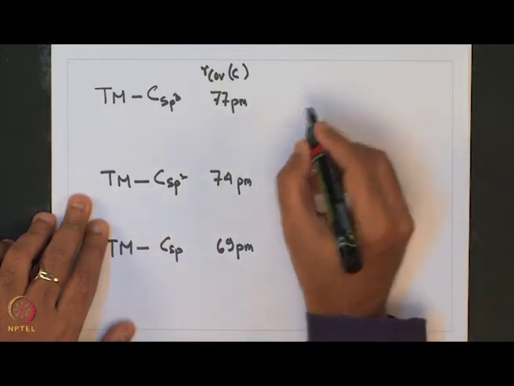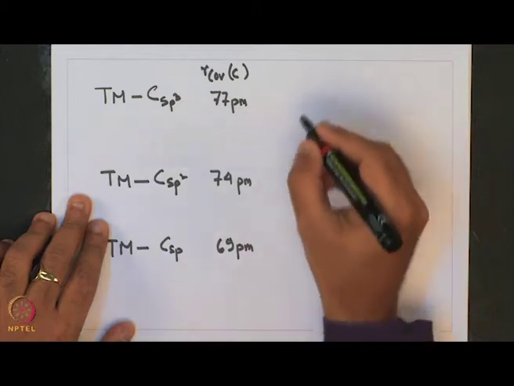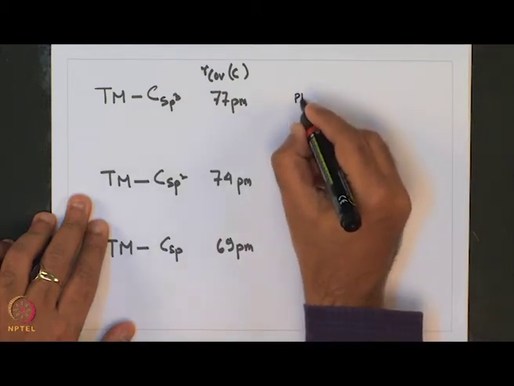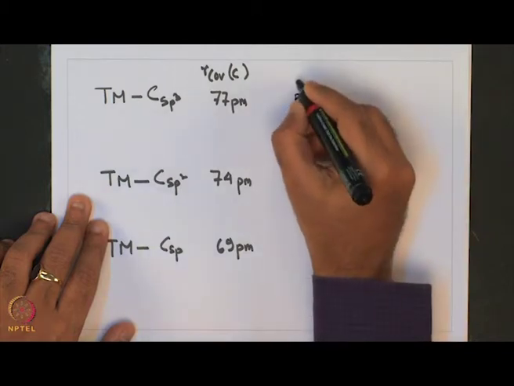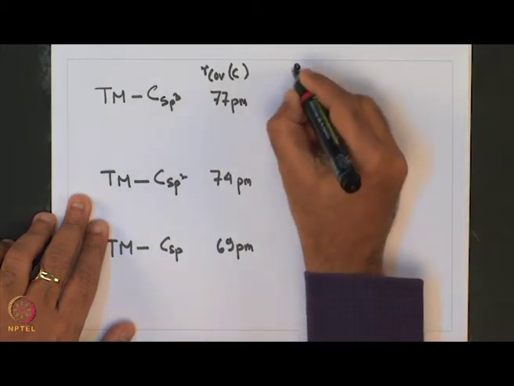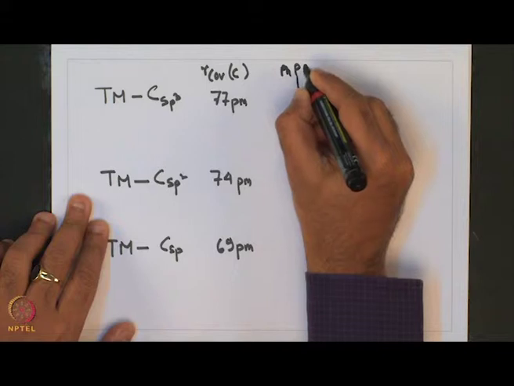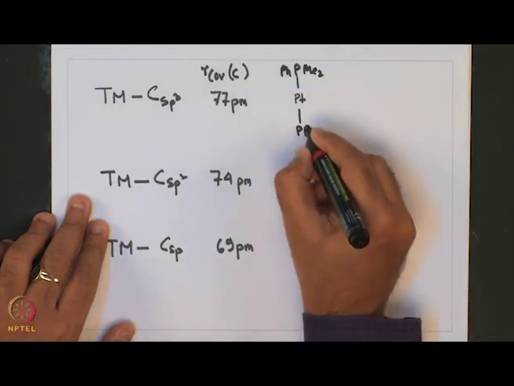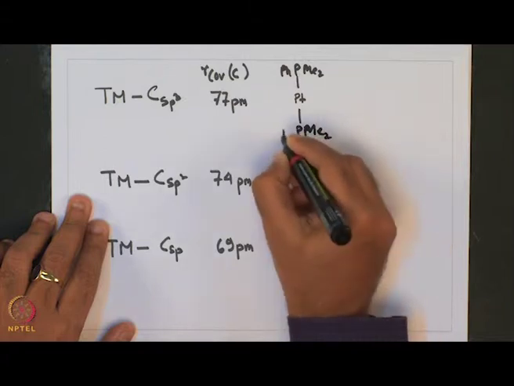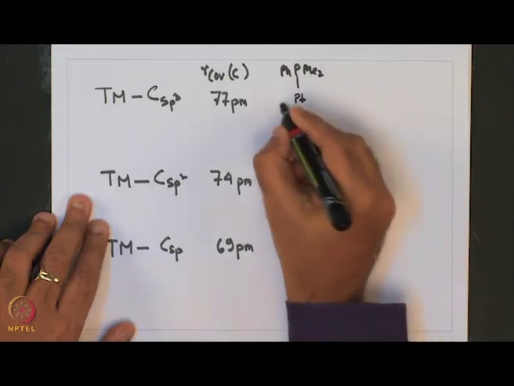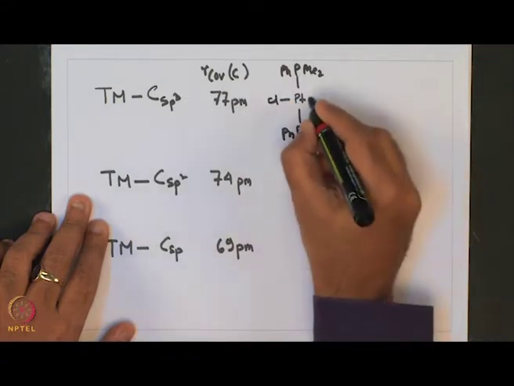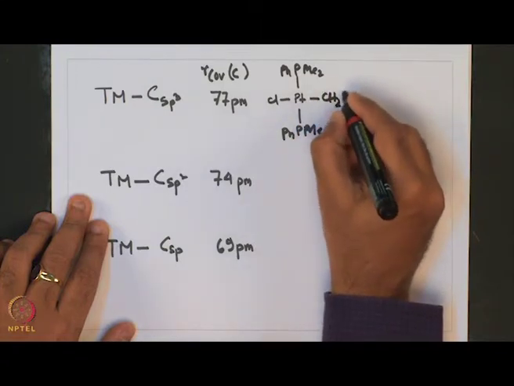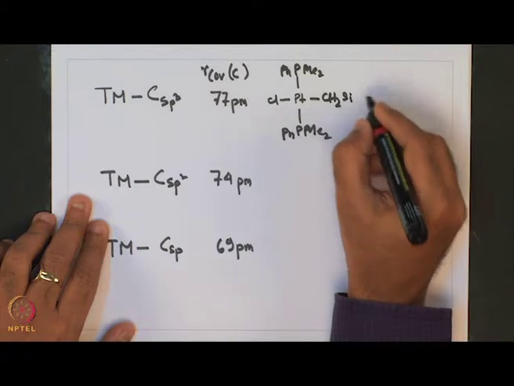And this can be seen in this particular example, where this platinum is bound to PPhMe2, PPhMe2, chlorine and CH2SiMe3.